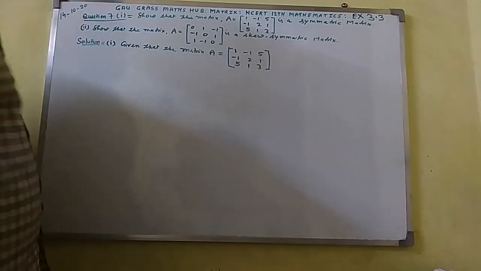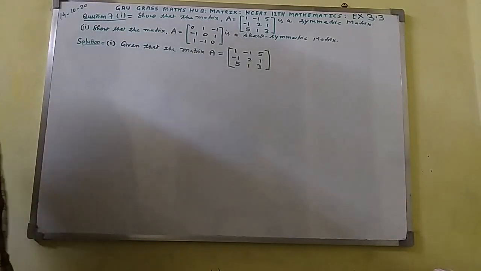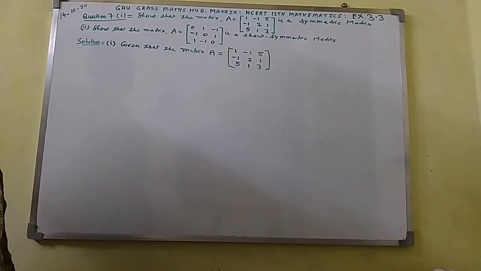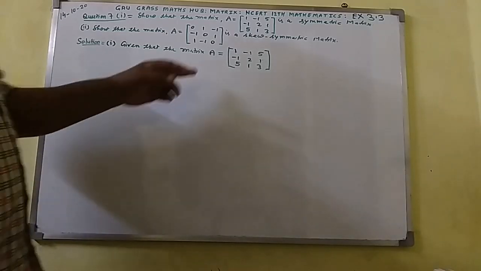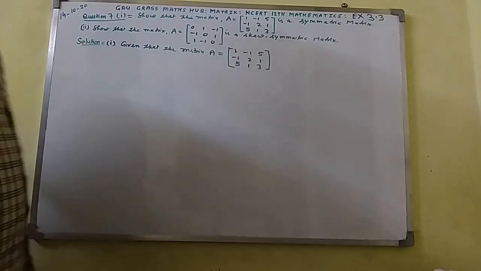The given matrix is this one. We have to show that the matrix A here is a symmetric matrix.